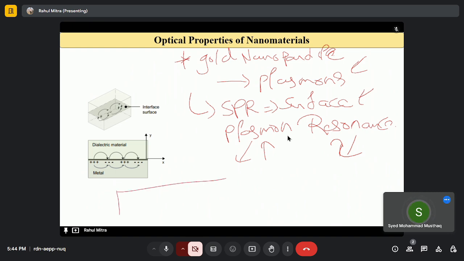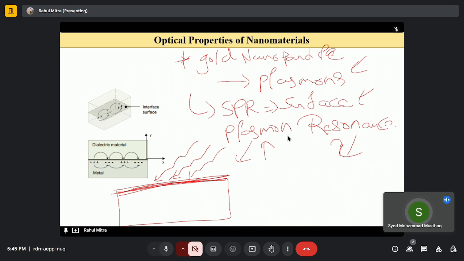Let's say this is my surface, it has surface atoms, and the surface atoms have electrons, and if I emit some photon or electromagnetic radiation onto the surface, what happens?